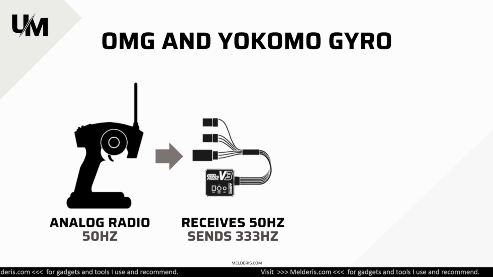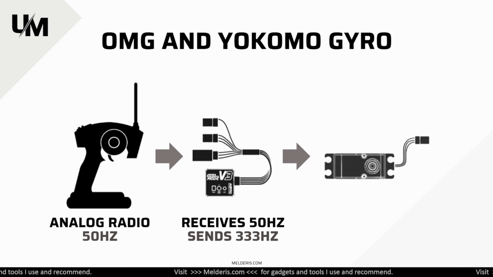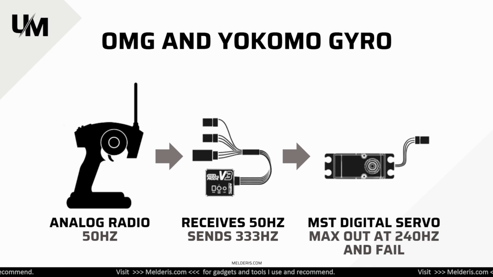They were able to receive from 50 till 333, but output only a 333 Hz digital signal, and that was sent to my MST digital servo, which was maxing out at 240 Hz, and that is why it was failing. What I was trying to do here is push those 333 Hz into my 240 Hz digital servo, and that is why it was not working. So if you try to set up a system like this with the OMG version 3 or Yokomo version 4 gyro, it's not going to work.